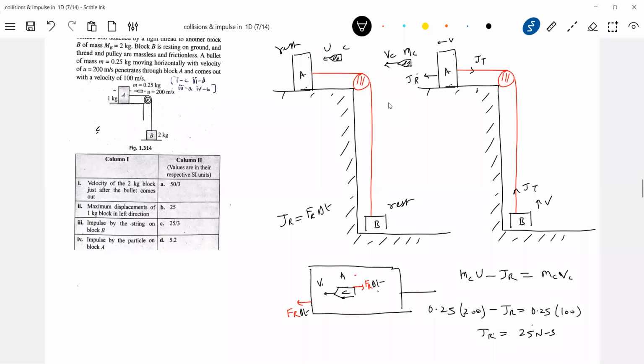So therefore, this should be Jr minus JT equal to MA V. JT equal to MB V. I'll add up these two. So Jr is equal to (MA plus MB) V. Adding up these two. I know the Jr value, I'll get V. After getting V, I'll calculate the impulse JT.